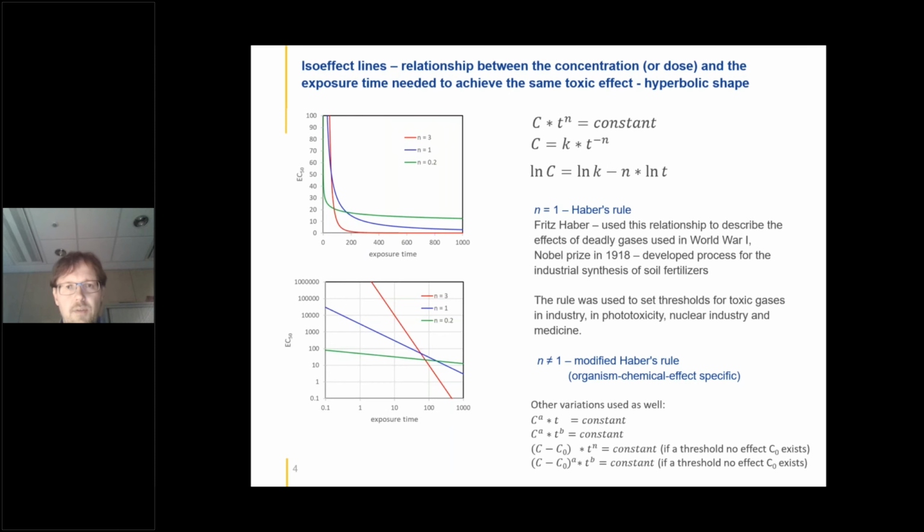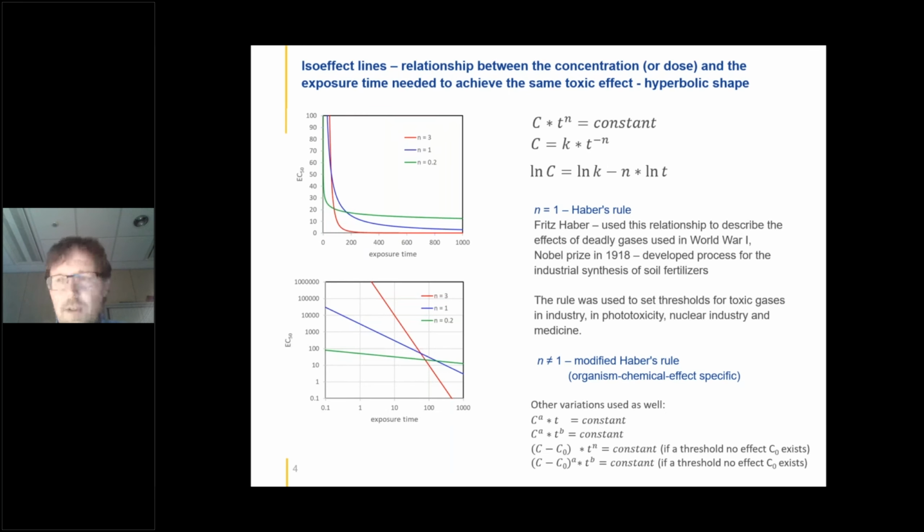However, in in vitro studies, the situation was and is a bit more complicated because the in vitro test systems are more complex and technically sometimes more challenging, and often the exposure time needs to be defined before the experiment itself.